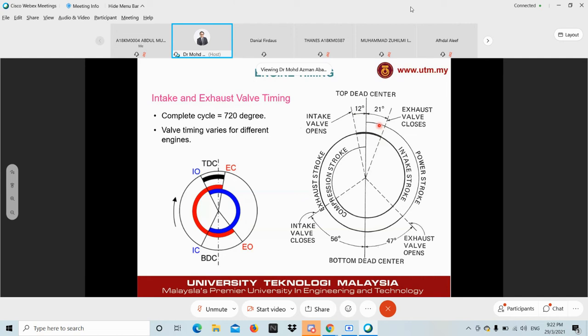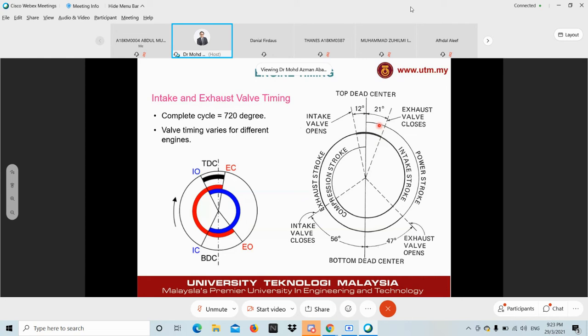The main purpose of overlap is what is known as scavenging and also internal EGR. When you have a valve overlap, the intake air goes in at the same time as the exhaust gases go out through the exhaust valve.